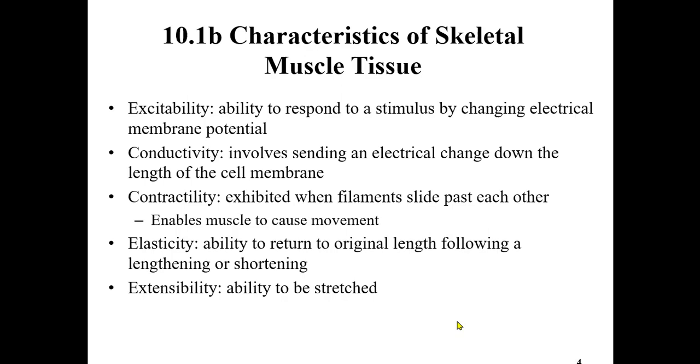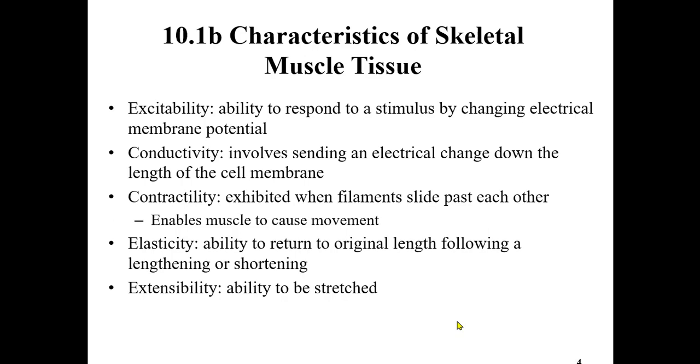Now one of the mantras that we need to establish starting with this chapter, for the muscles, along with the nervous system, which will be our last unit: muscles and nerves operate on what's called electrical and chemical. It happens to be my mantra, electrical and chemical.